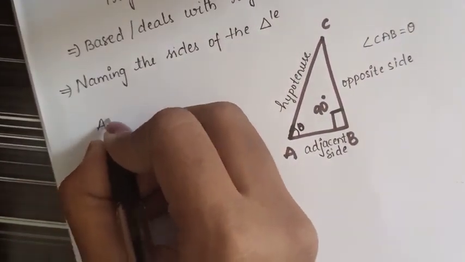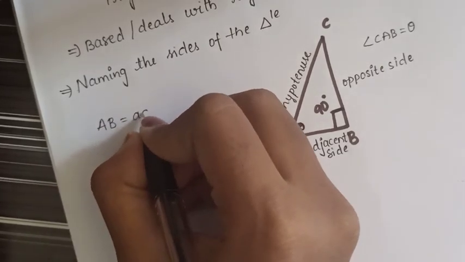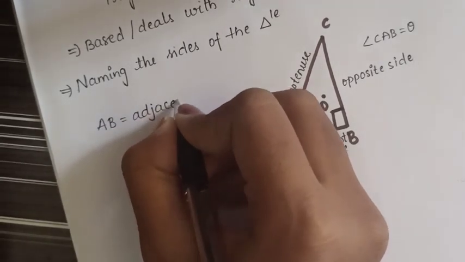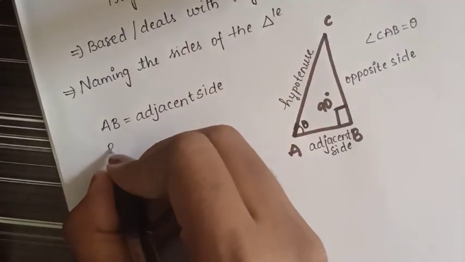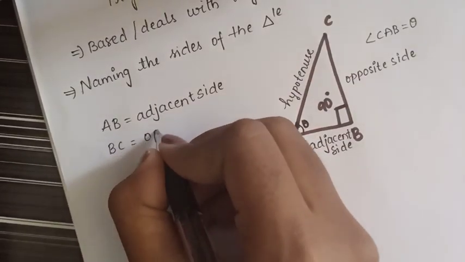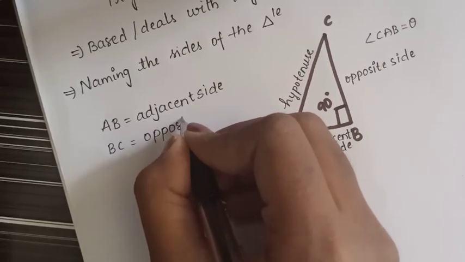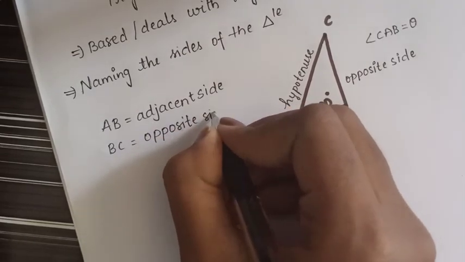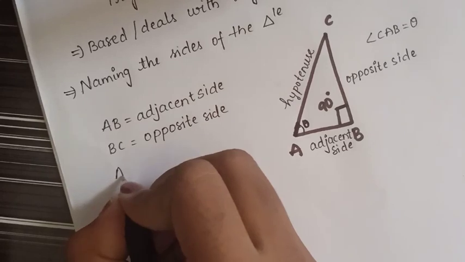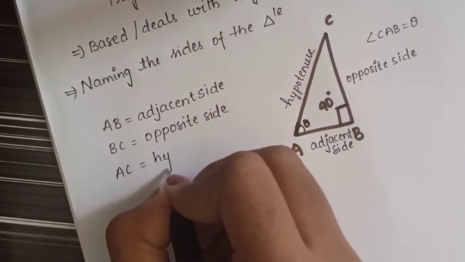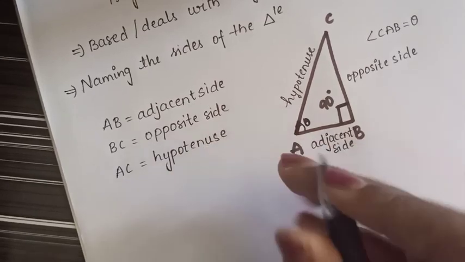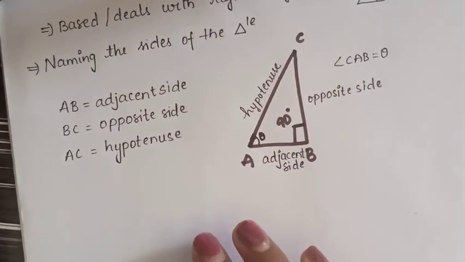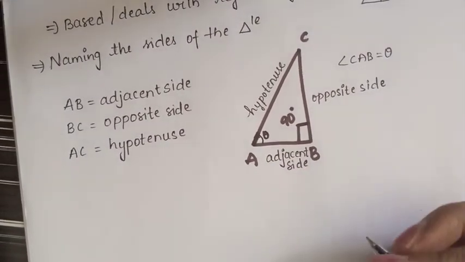So AB is the adjacent side, BC is the opposite side, and the other side AC is the hypotenuse. These are the names of the sides of the triangle.